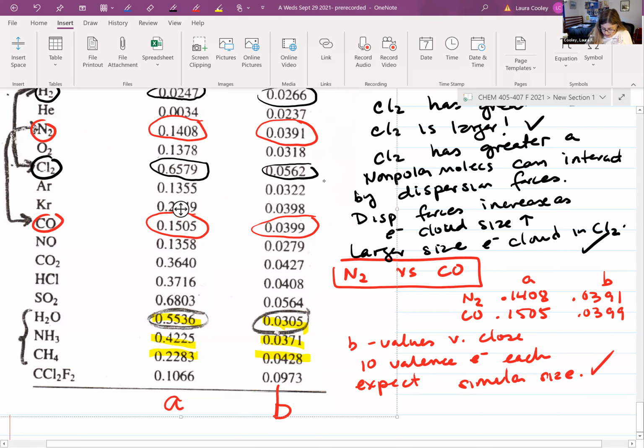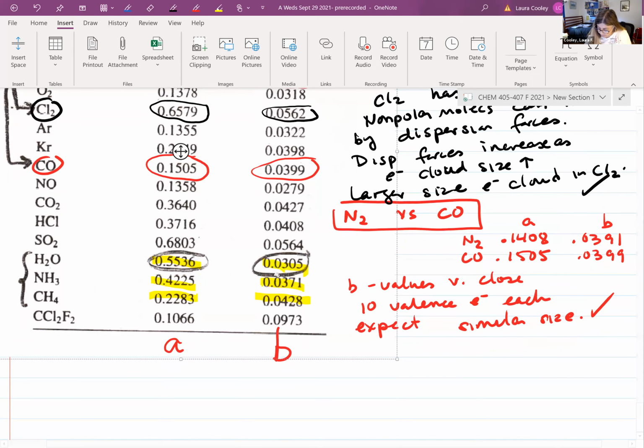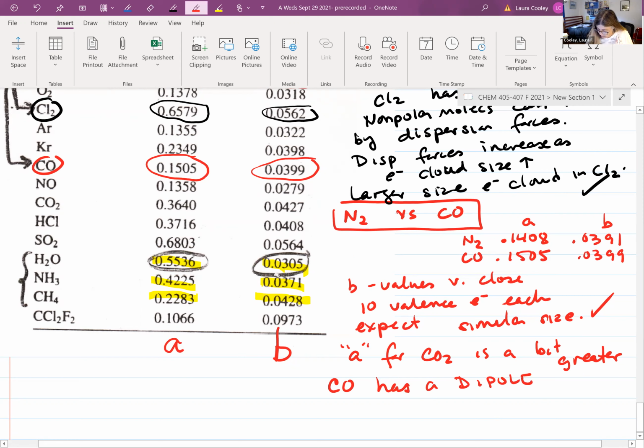Now let's talk about the A values. So let's see. The A for CO is a little greater. Is that something that we would expect? Well, CO has a dipole. Right? N2 only has dispersion forces. So yeah, you would expect CO's to be greater.